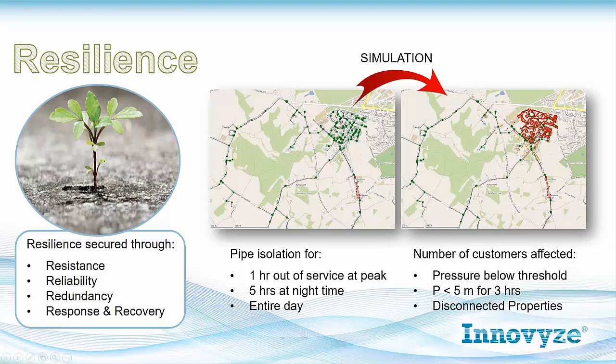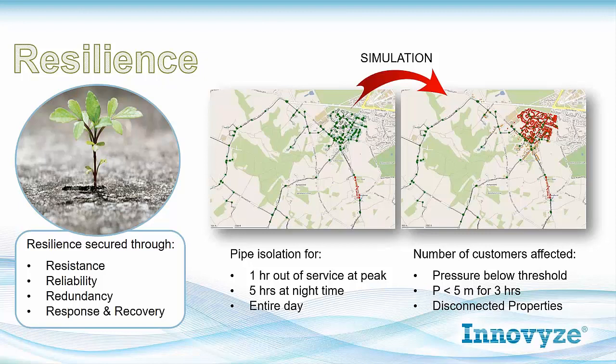And if we were counting the number of properties affected just based on GIS information, we would have this property affected. But when we actually run the simulation, we can see that the whole town here has low pressure issues, and this degree of knowledge can only come from running a hydraulic simulation. So you really need a hydraulic model to assess this criticality.